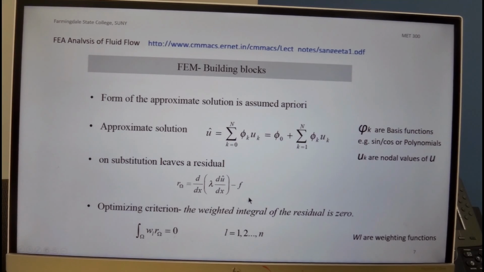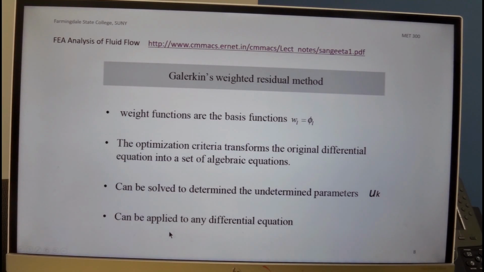The whole process of finding a solution is to find a set of nodal values such that the residual approaches 0. And we can mathematically represent it by multiplying the residual times a weighting function, and the optimization process is generated by taking the integral of the weighting function times the residual and setting it equal to 0.